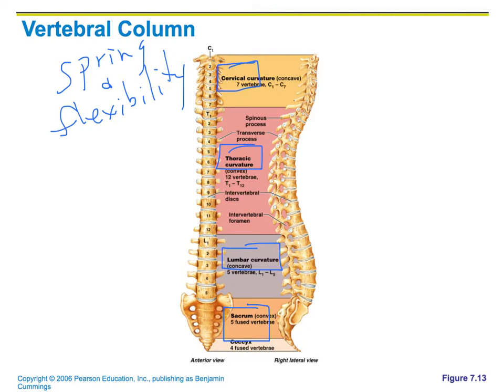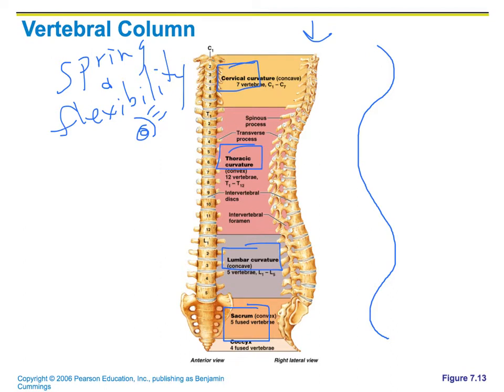If we focus on this view, as viewed from the posterior, the cervical curvature is concave, followed by a convex thoracic curvature, followed by a concave lumbar curvature, followed by a convex sacral curvature.